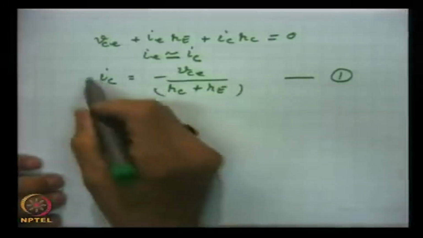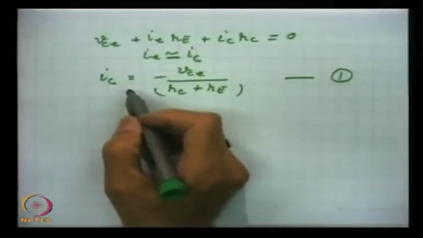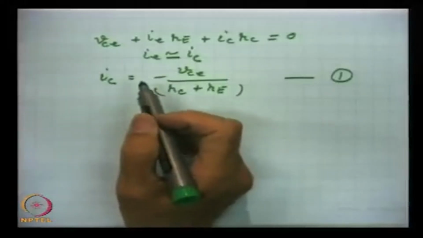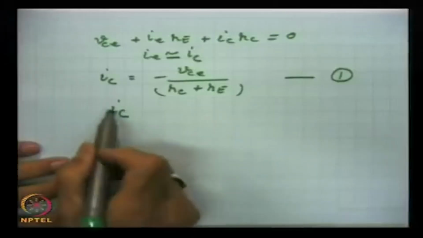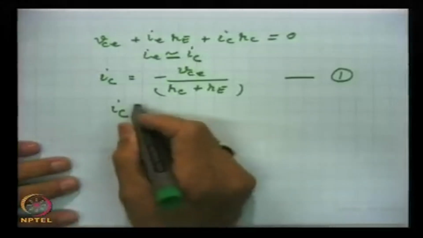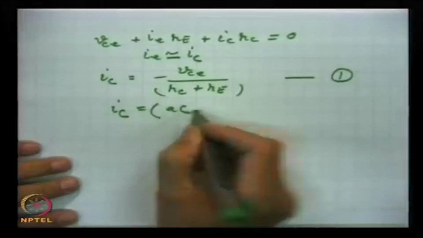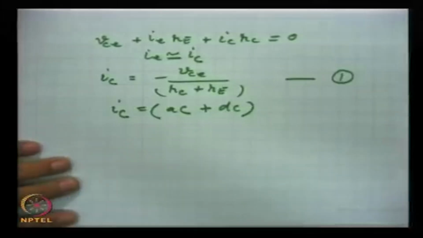This AC current will be superimposed over the DC. So, the currents and voltages will keep on varying, and the total current, capital IC, will be equal to the summation of the AC component plus the DC component. Similarly for voltages.